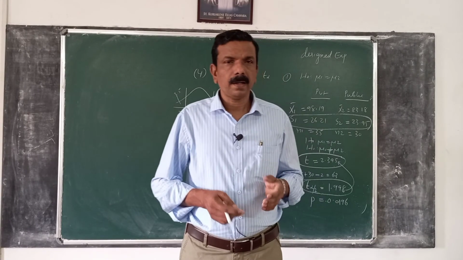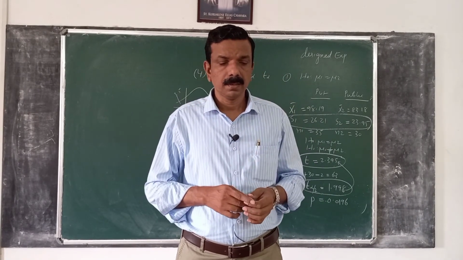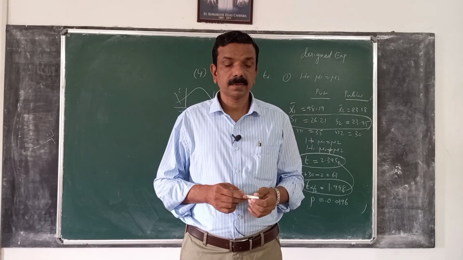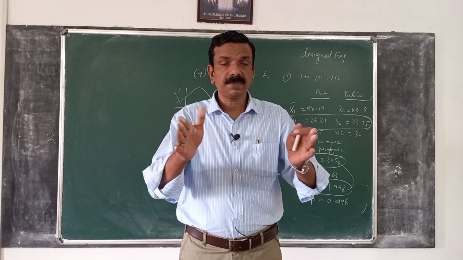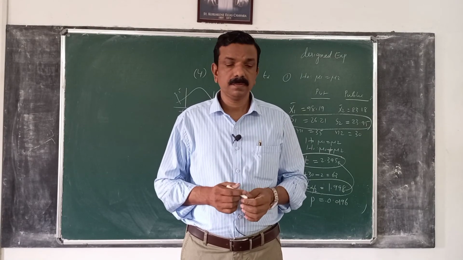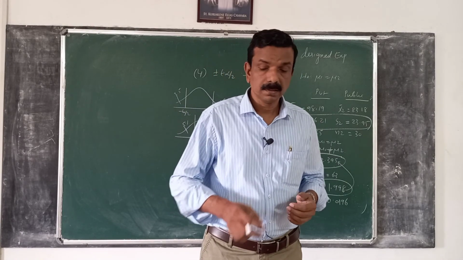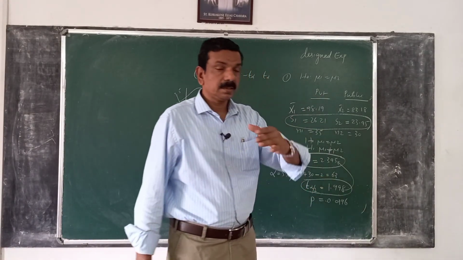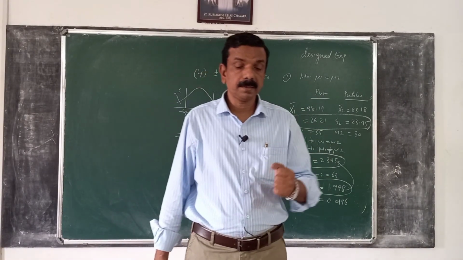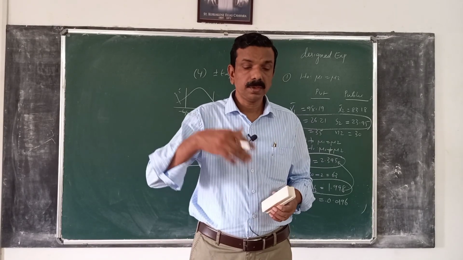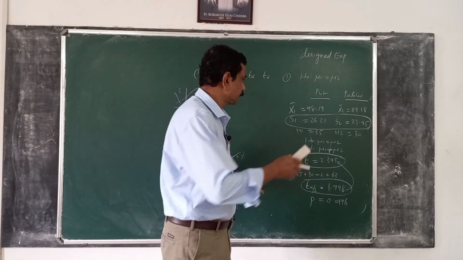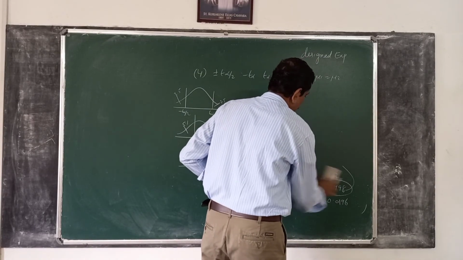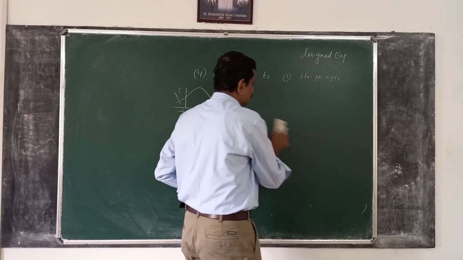Now, as we have discussed earlier, we can use the confidence interval procedure for the difference between two mean values. We can construct the confidence interval for testing the difference between two values, and the procedure is known as the pooled t interval procedure.